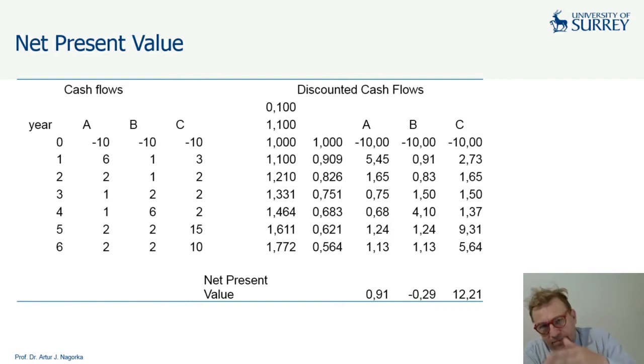We do the same in column B, and we arrive at minus 0.29. And then we do the same in column C, and we arrive at 12.21.